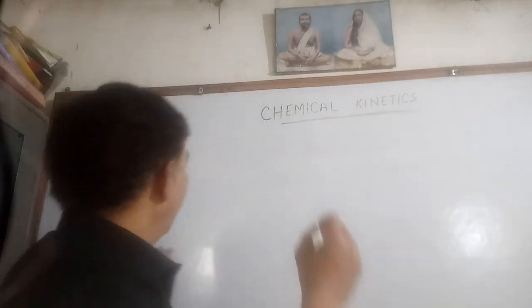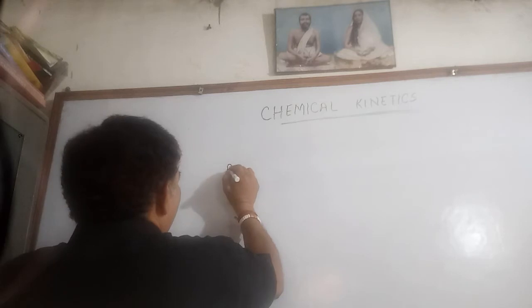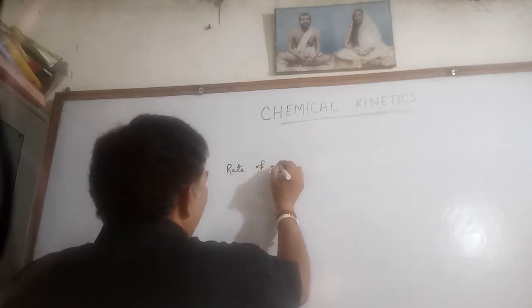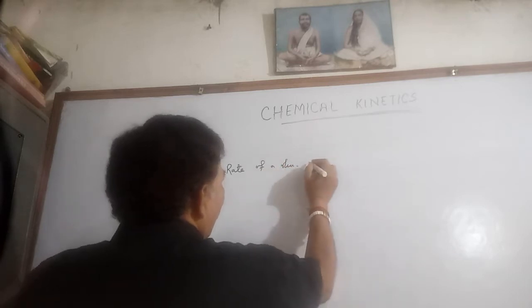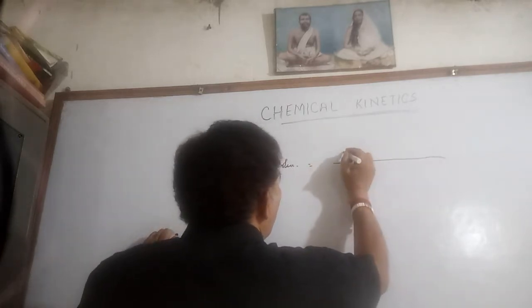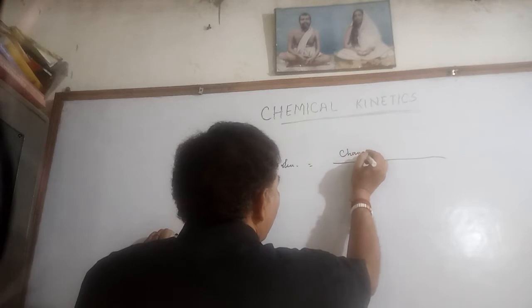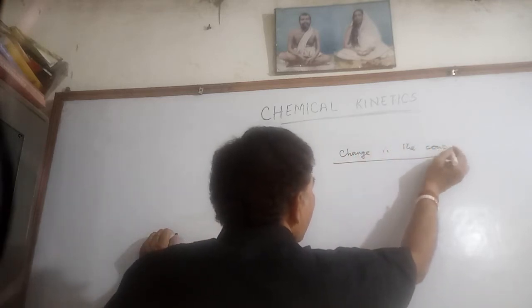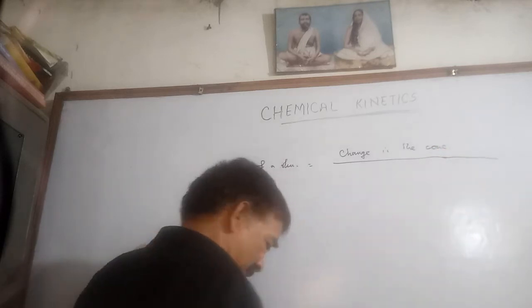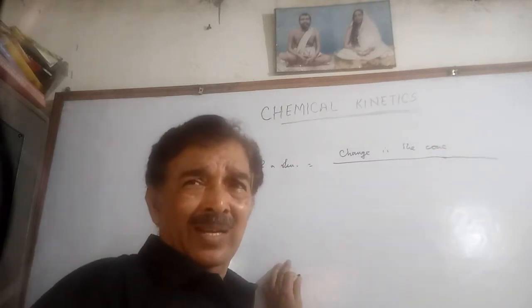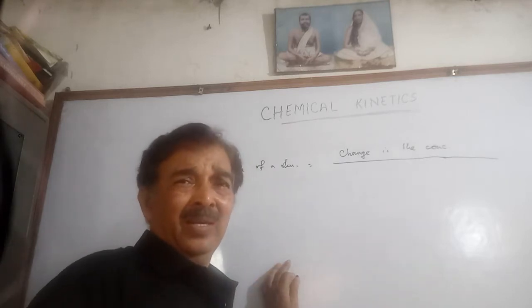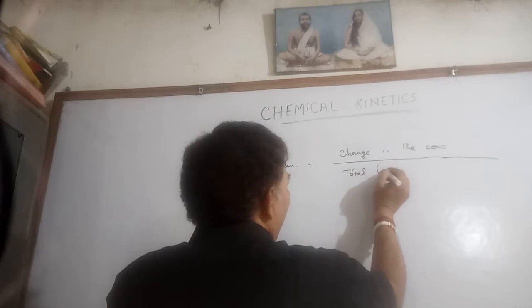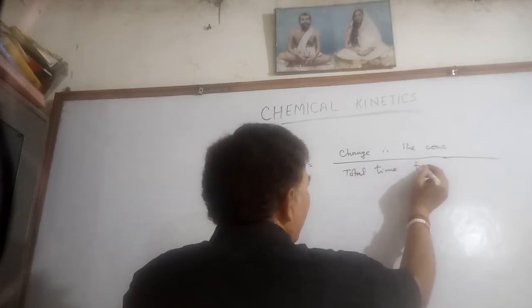That is, rate of a reaction is equal to change in the concentration by total time taken for the change.